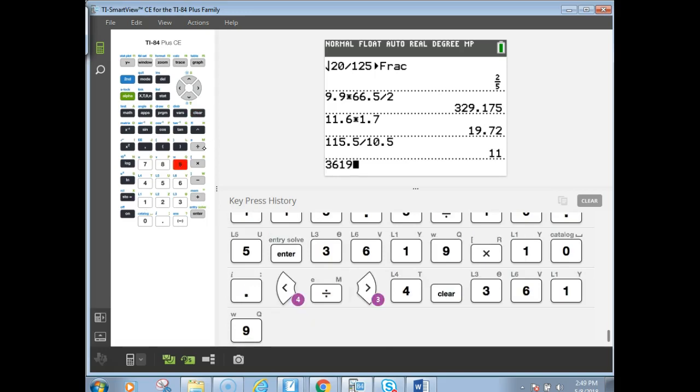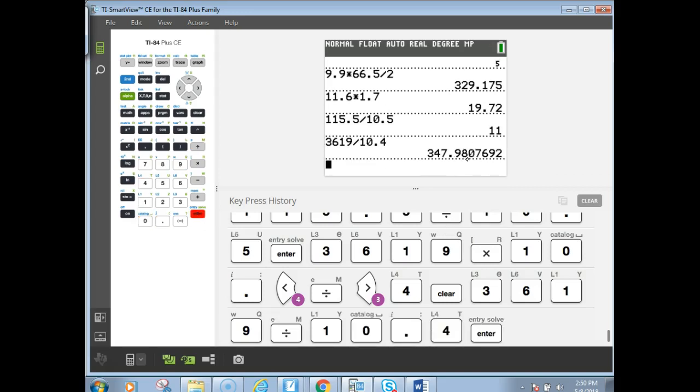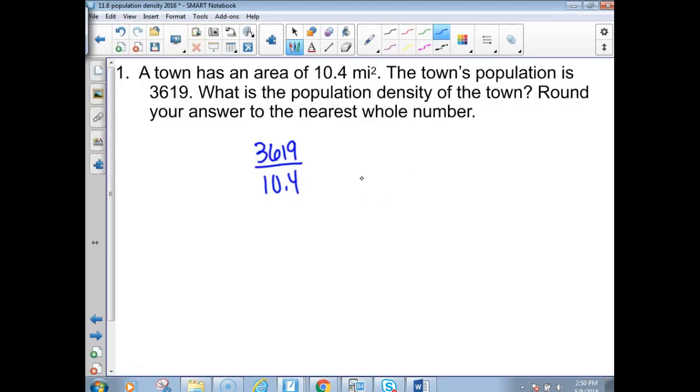It's 347, about 348 people per square mile. And you label it people per square mile. You want to use MI for miles, because you don't want to use an M, because what does M mean instead? Meters. All right, thank you.